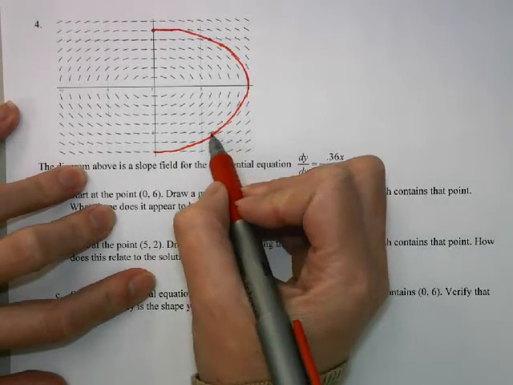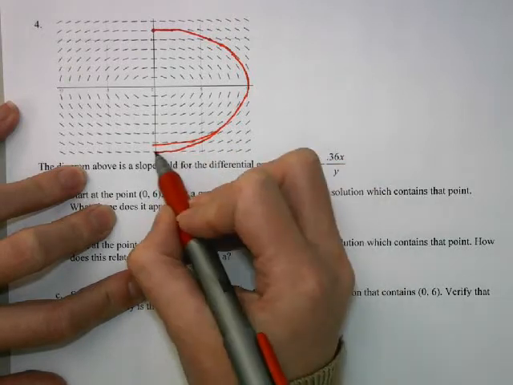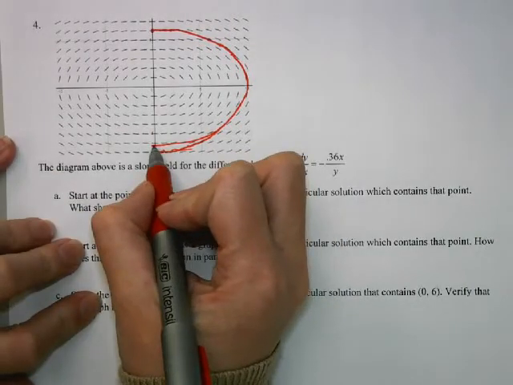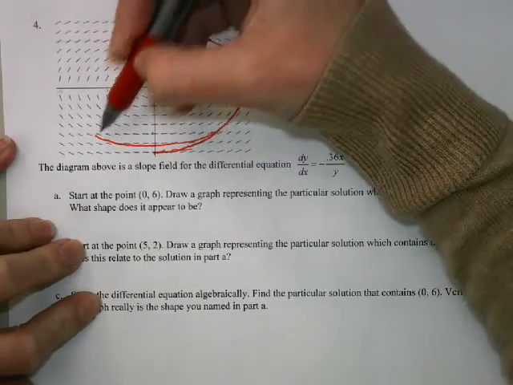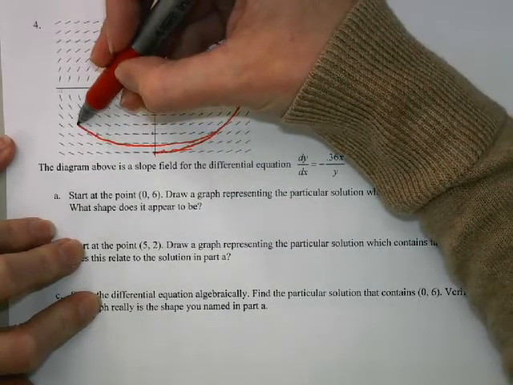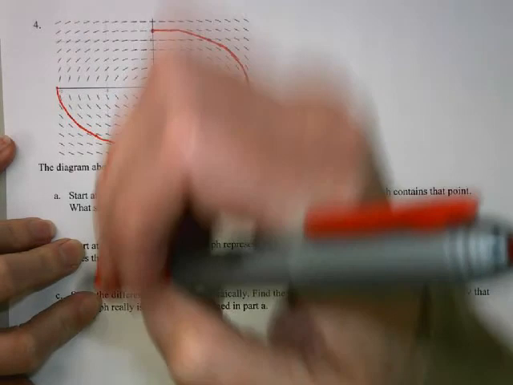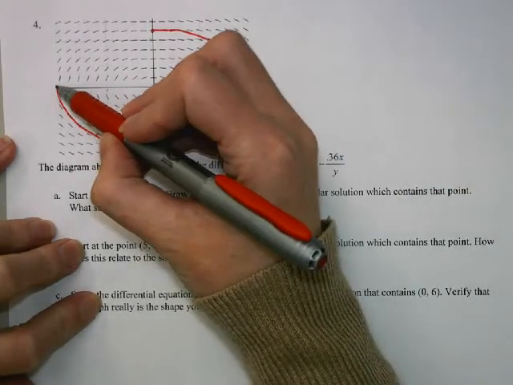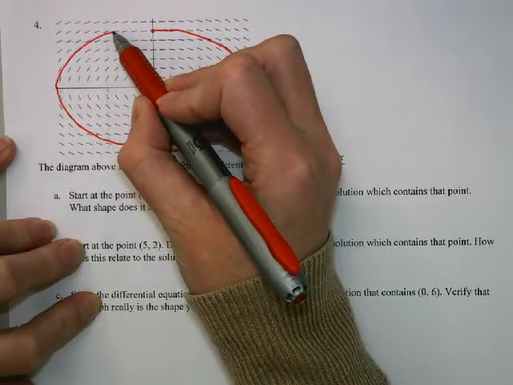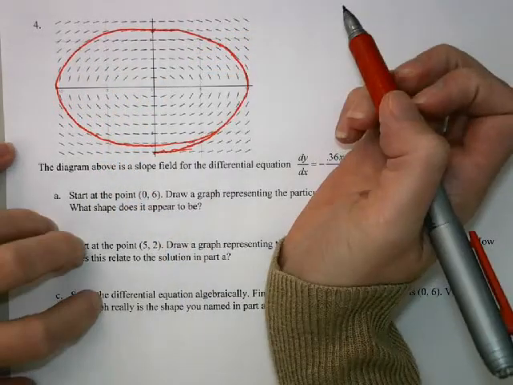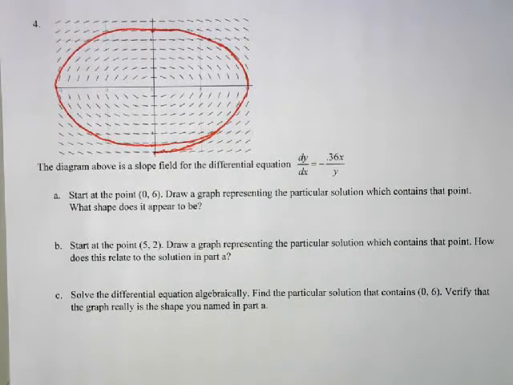Oop, I missed it. I should have gone in there. Sorry. Okay, matching the slopes. Okay, and then up again, matching those slopes, which is going to bring us back to what we started.